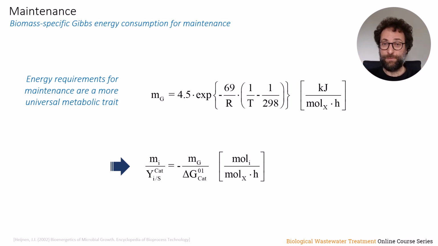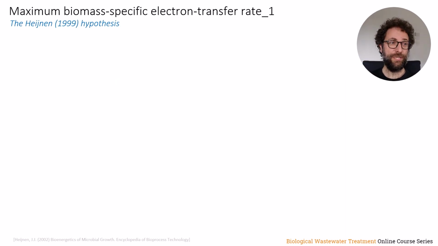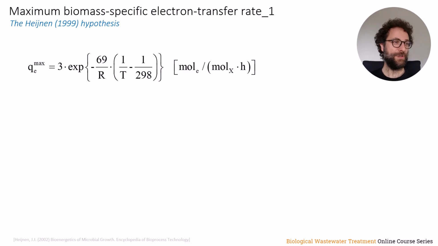What seems to be reflected in the collection of experimental data is that there is a limit to the amount of electrons that can be transferred. So for this, what we refer to is this equation here, where the maximum mole of electrons per mole biomass per hour that are transferred is 3 at, again, 298 Kelvin. And then also in this case, it's corrected with an Arrhenius type correction factor, which you should, as we discussed, be able to derive now.